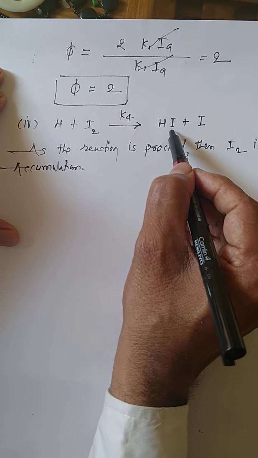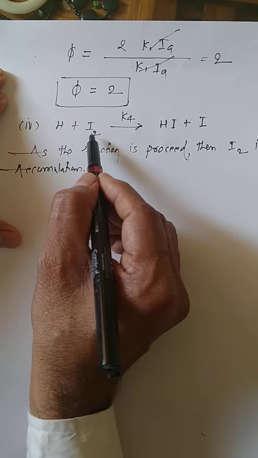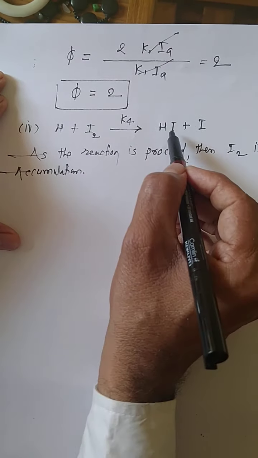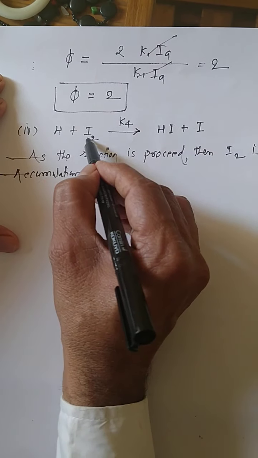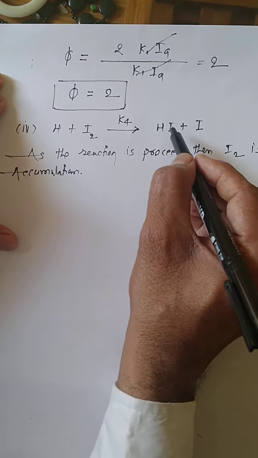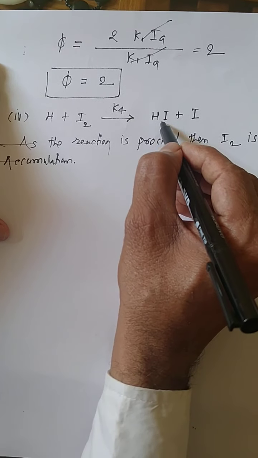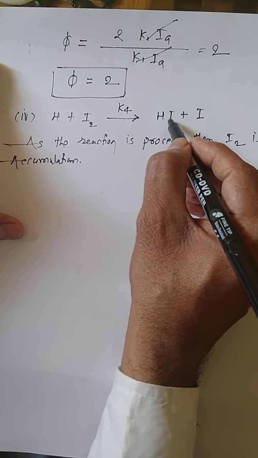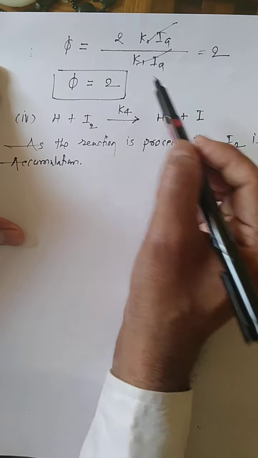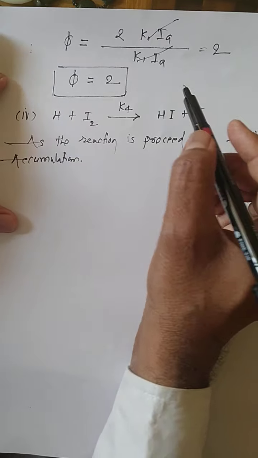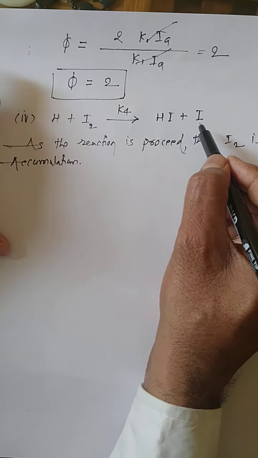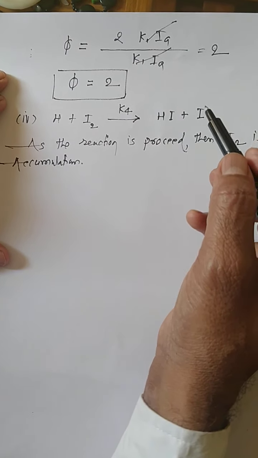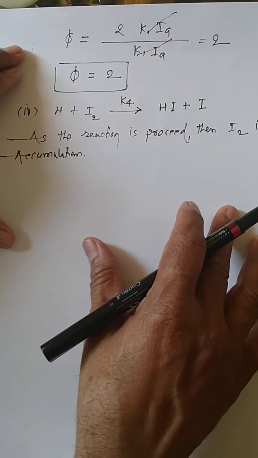Instead of decomposition of HI, the iodine reacts with the hydrogen to form HI. Due to the recombination reaction, the original reactant molecules are generated, and this is the reason for the low quantum yield.